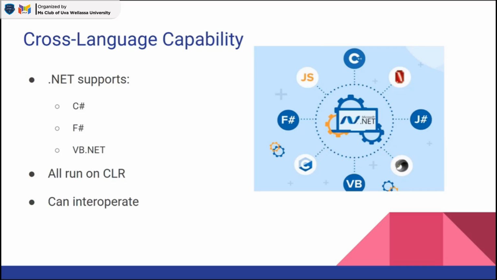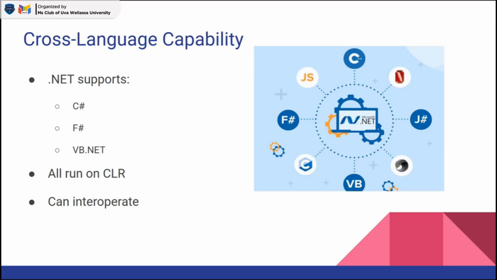If guy A is working with the C# language, and another guy works in the F# language, then they can communicate between the projects, right? Because all these languages finally run on one single CLR. That's the main thing we can highlight in .NET, right?